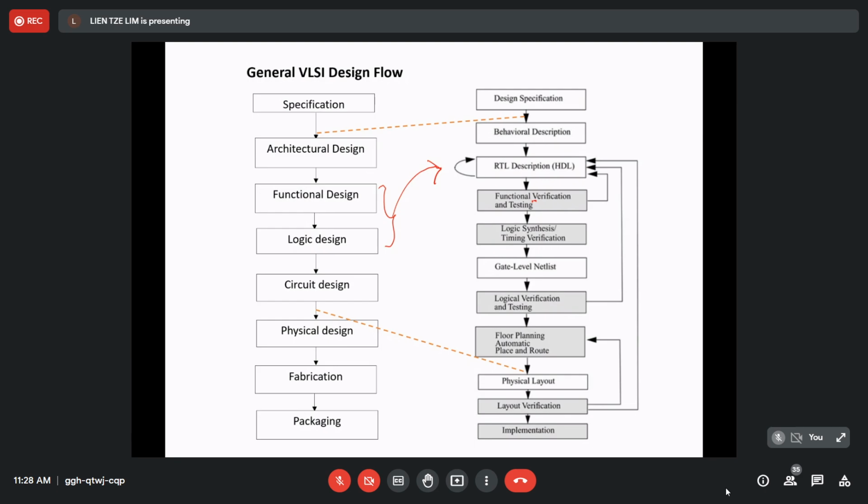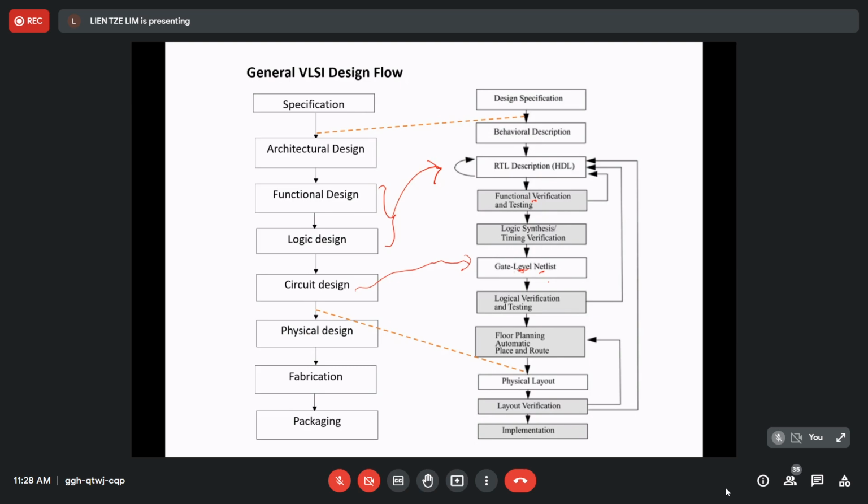Logic synthesis uses computer-aided design (CAD) tools to convert the RTL design to a gate-level netlist. This is the circuit design.